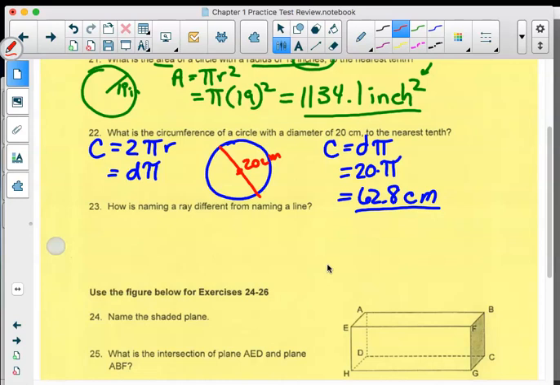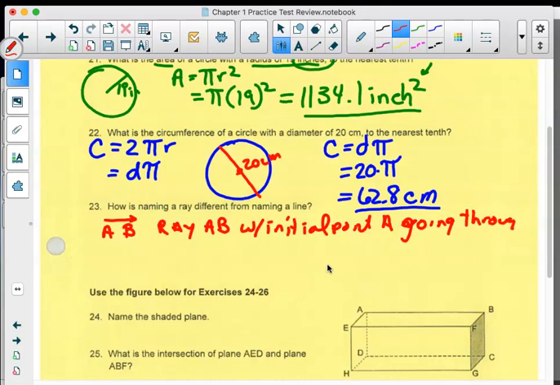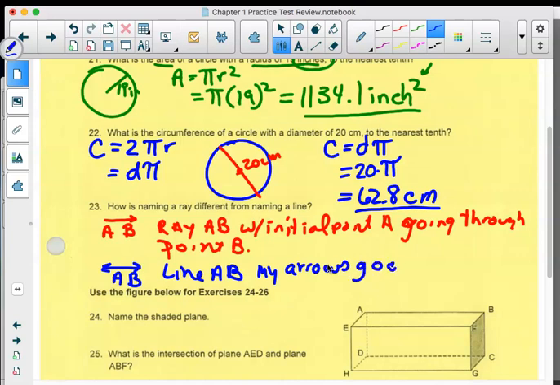The naming of a ray is different from a line because a ray has an initial point and it goes through B. So this is ray AB with initial point A going through point B. Now, if I'm going to name a line, my line AB, the line will go on in both directions forever, okay, my arrows go on in both directions forever.